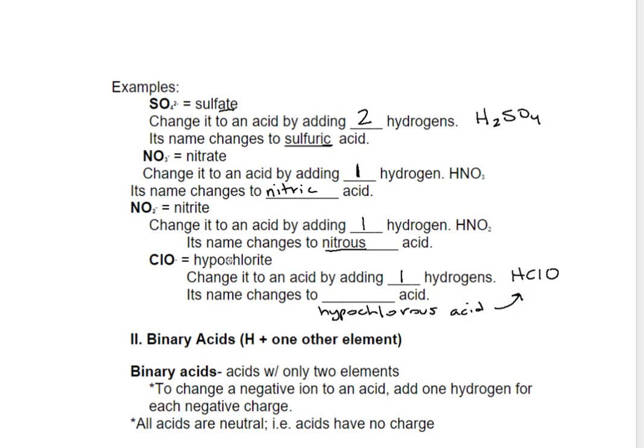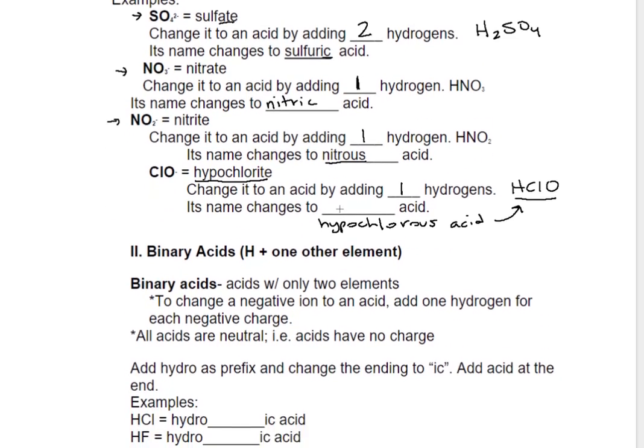Right there. Okay, so hypochlorite as an acid changes to hypochlorous acid. So that is how you name the acids that contain polyatomic ions like SO4, NO3, NO2.